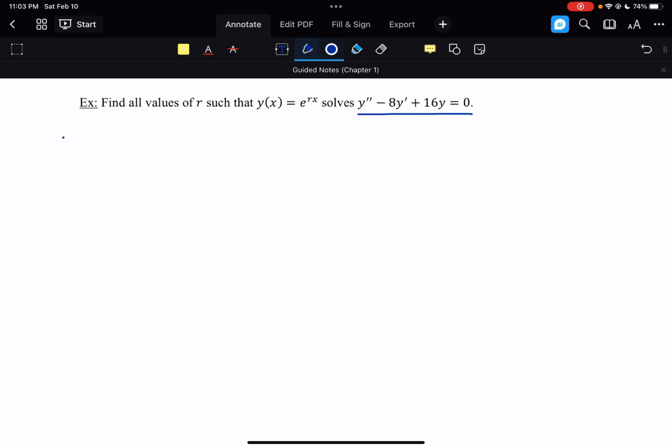So let's get those. y is e to the rx. y prime, the derivative of that, will be e to the rx again times r because of the chain rule. And then y double prime, we'll do the same thing again, and we'll pick up an extra factor of r.